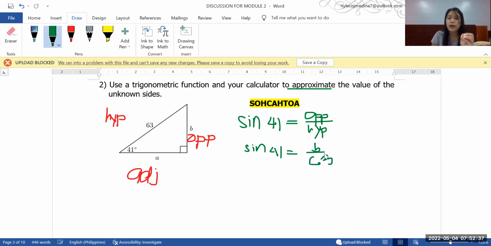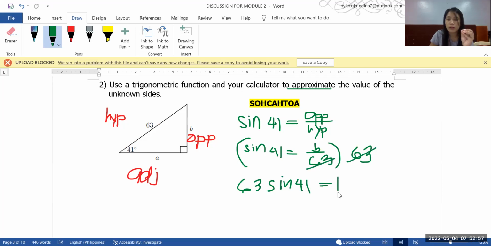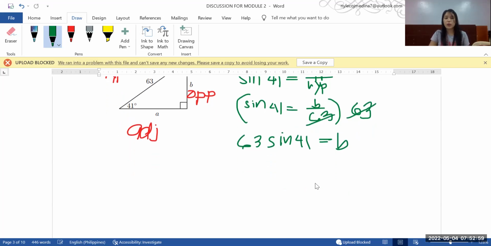So for you to find the value of B, i-multiply mo lang ang 63 sa both sides, para maalis dito. So times 63, and that would give you 63 sine 41 equal to B. So using your calculators, i-input ninyo lang 63 sine 41.